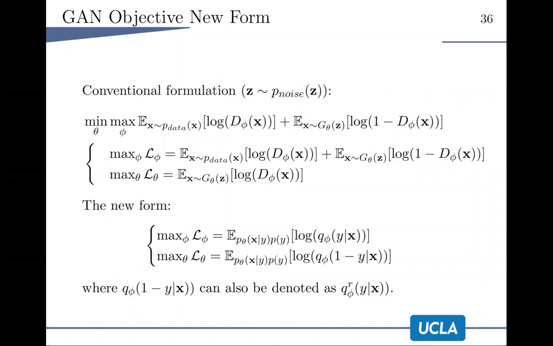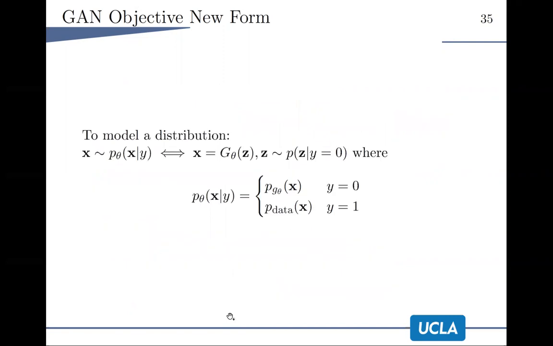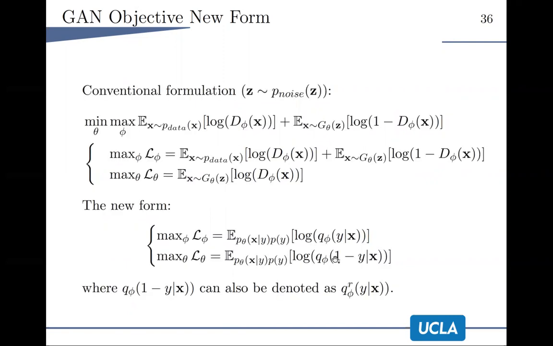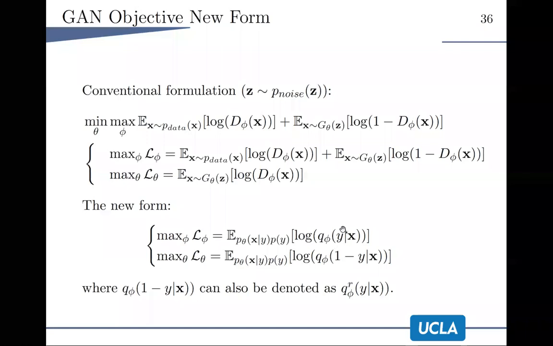Oh, it's not written in the given slides, but I think it's just taking the outcome of this discriminator as part of the equation.